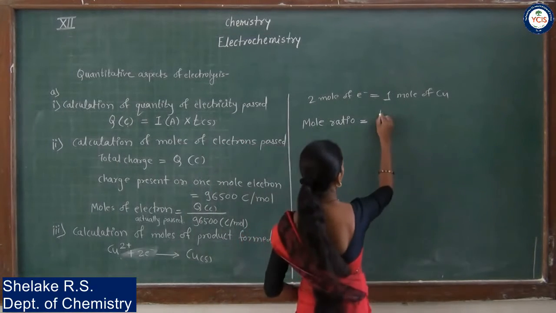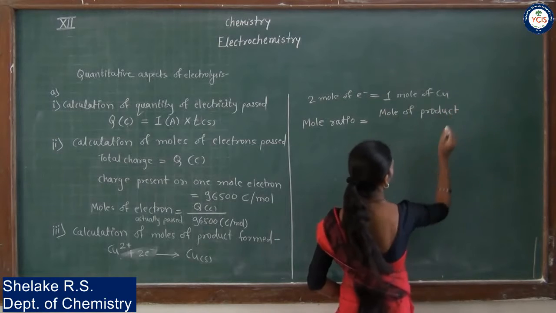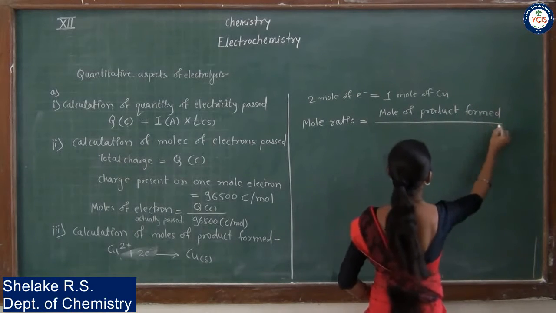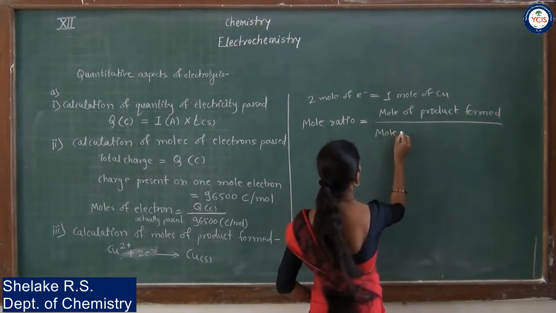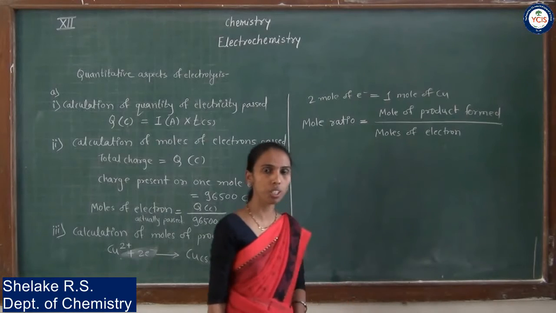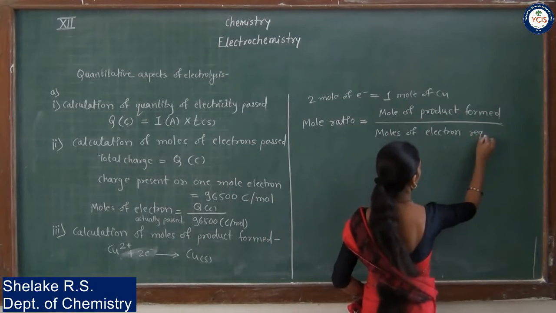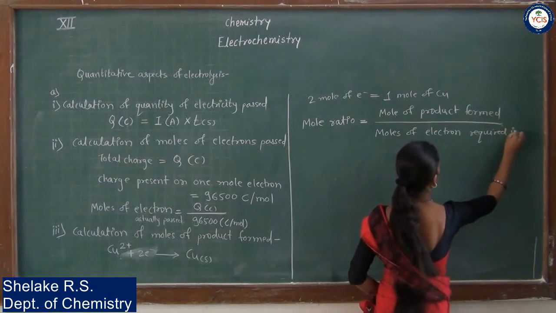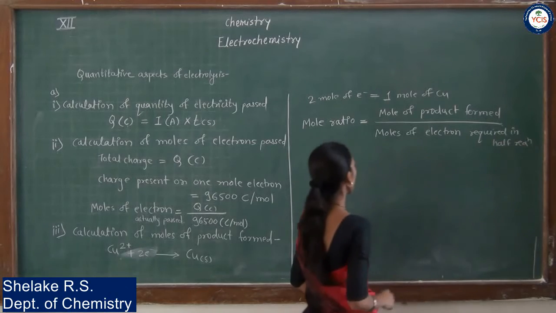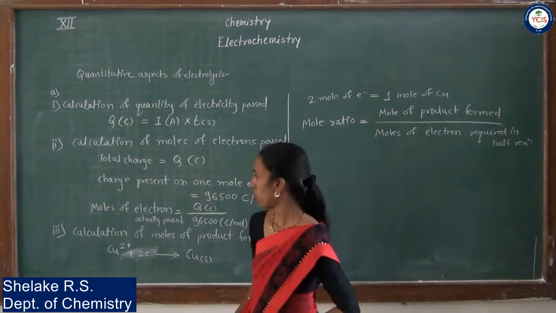Mole ratio is nothing but moles of product formed in the reaction divided by moles of electron actually passed through the solution, or moles of electron required in the half reaction.